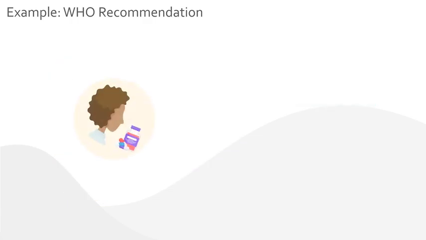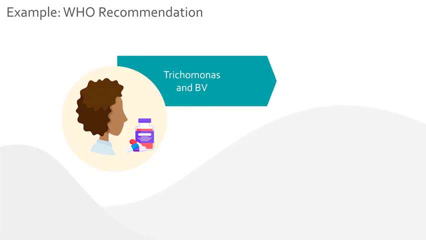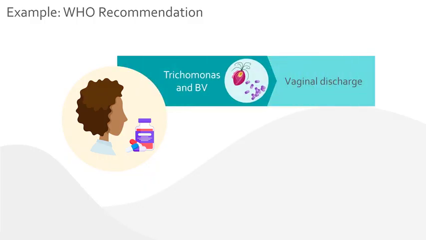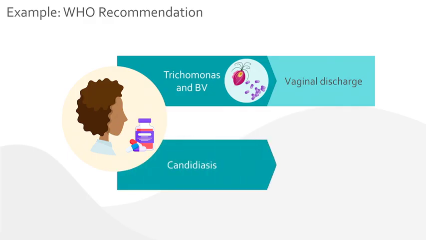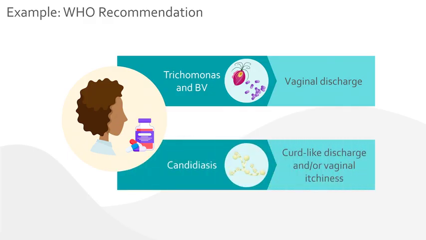Further, all women should be treated for trichomonas and bacterial vaginosis, or BV, when vaginal discharge is present, and treated for candidiasis if presenting with a curd-like discharge and/or vaginal itchiness.